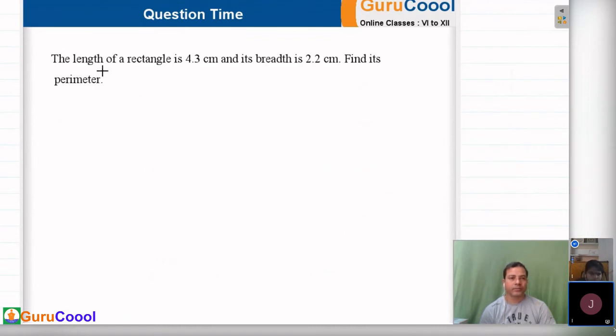The length of a rectangle is 4.3 centimeter and its breadth is 2.2. Find its perimeter. Can you find it out? Tell me.